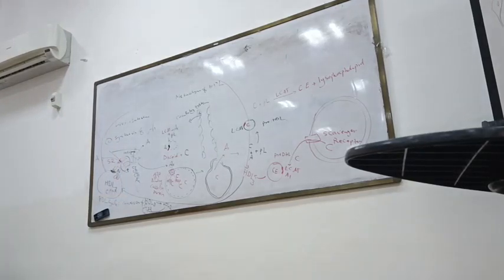So high density lipoprotein 2 starts in the liver and intestine.